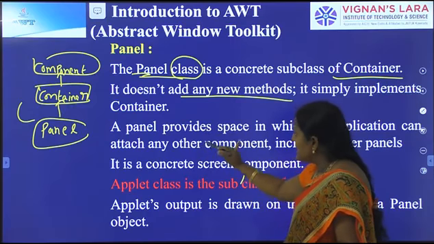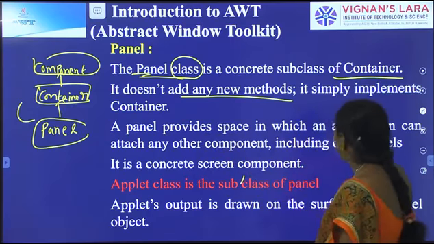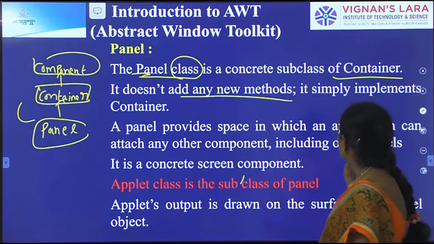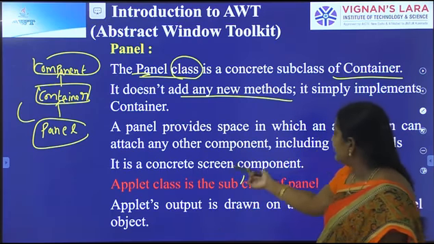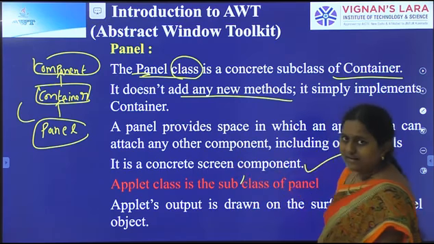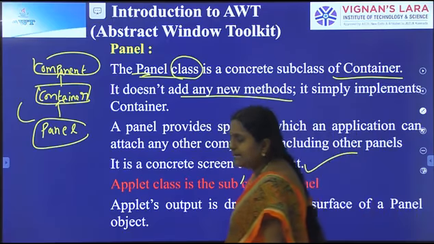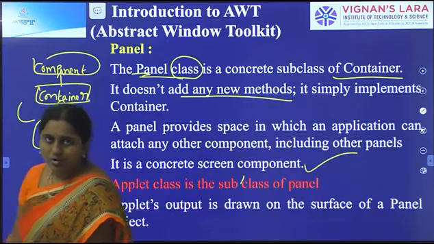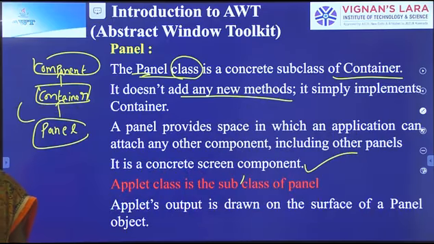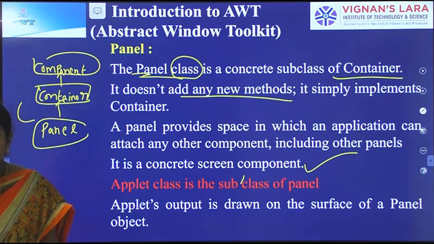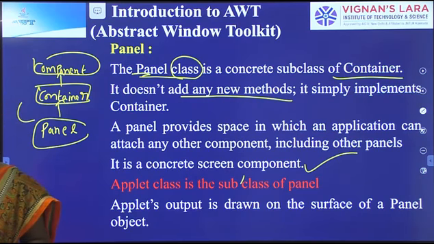Coming to the next one, panel provides space in which an application can attach any other components, including other panels. So it is a concrete screen component. By using panel, we can create a window, and those derived from panel are used by the applet class. Panel is a concrete subclass of container.